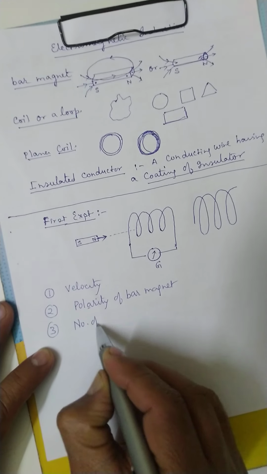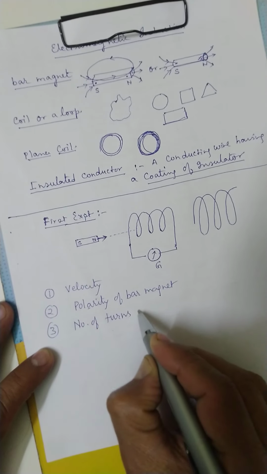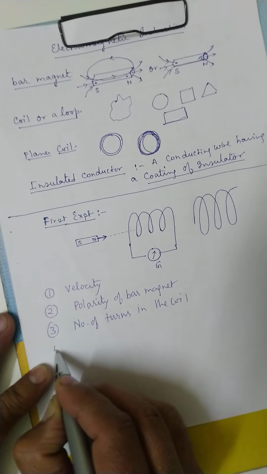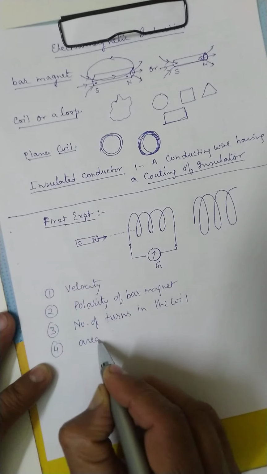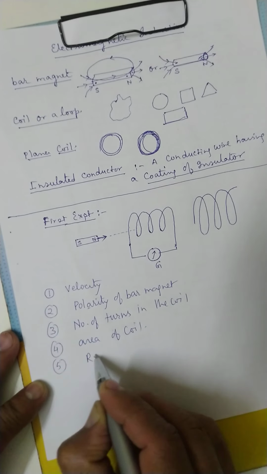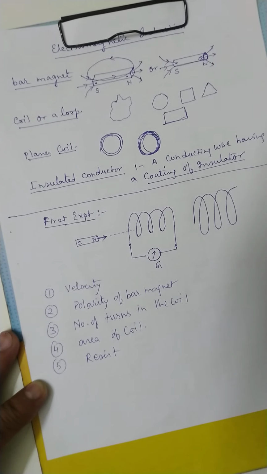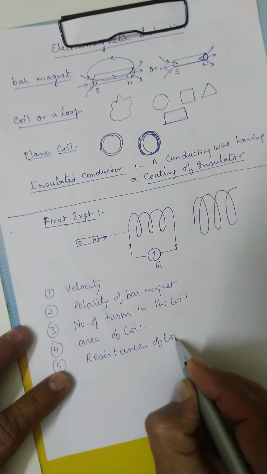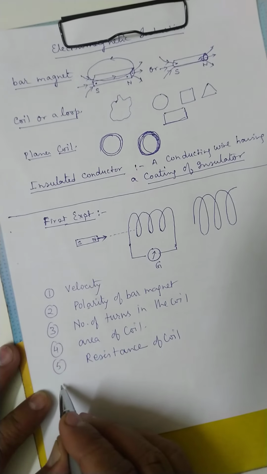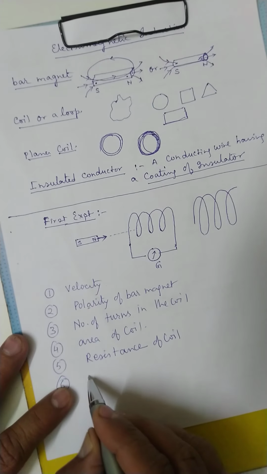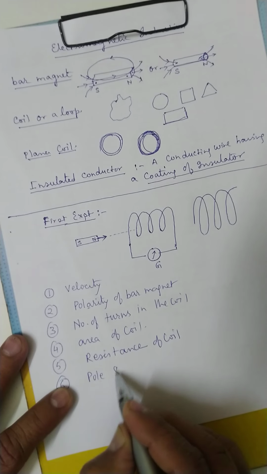Number of turns I can change in the coil. I can change the area of the coil. I can change the resistance of the coil by taking thicker or thinner wire. Electrical resistance of the coil I can change, and the most important parameter which I can change is the pole strength of the bar magnet.